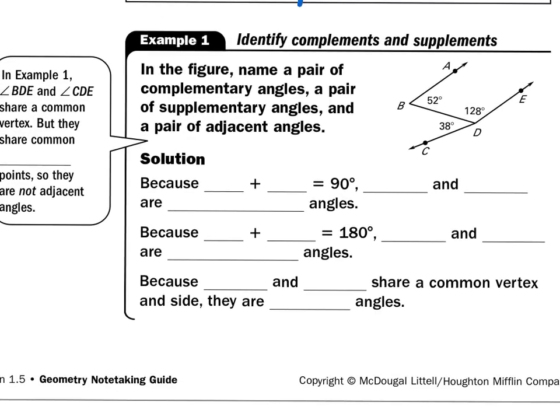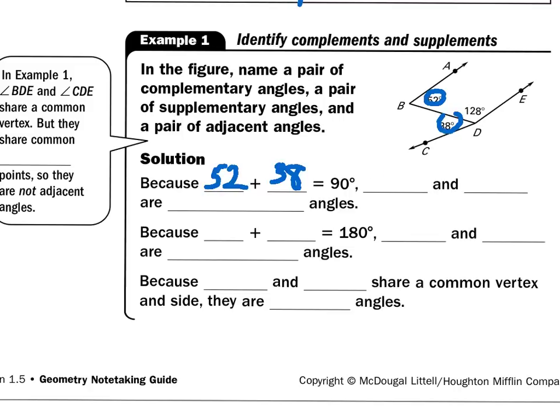Example 1. In the figure, name a pair of complementary angles, a pair of supplementary angles, and a pair of adjacent angles. So 52 and 38 equals 90. So these two angles right here are complementary.